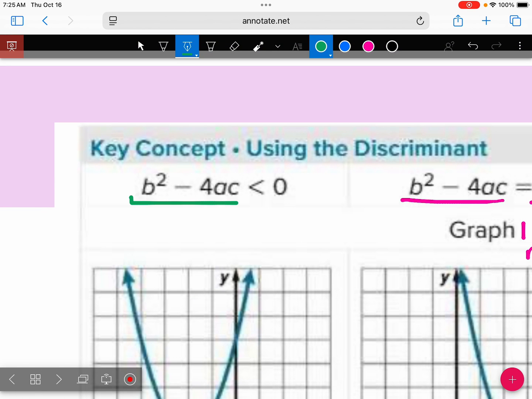Because if our discriminant is less than 0, meaning this is a negative number, so less than 0 makes it negative, that's when we used to say it had no real roots. But if it does not have real roots, it's going to have imaginary roots. So this will have 2 imaginary.